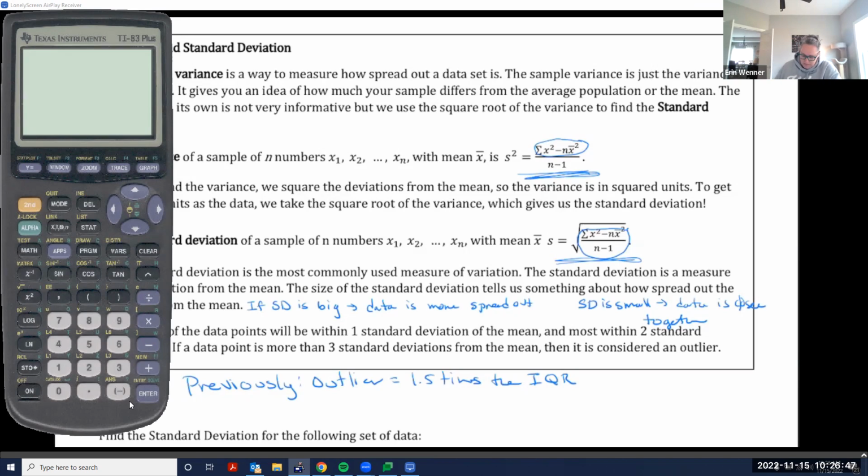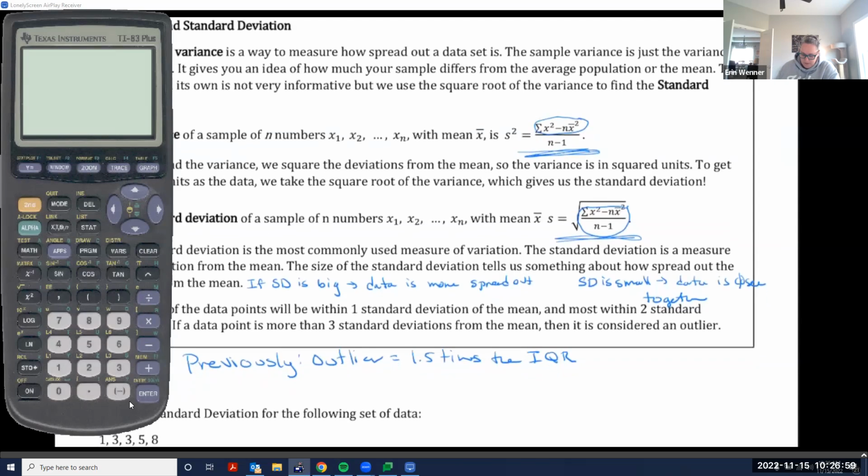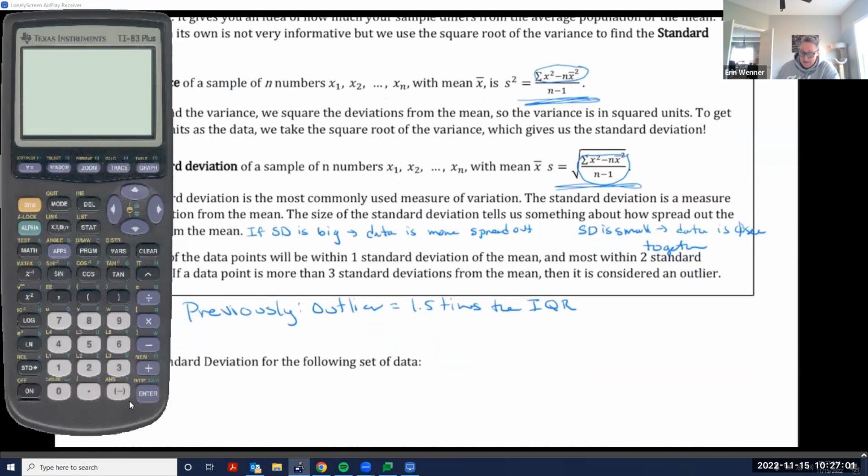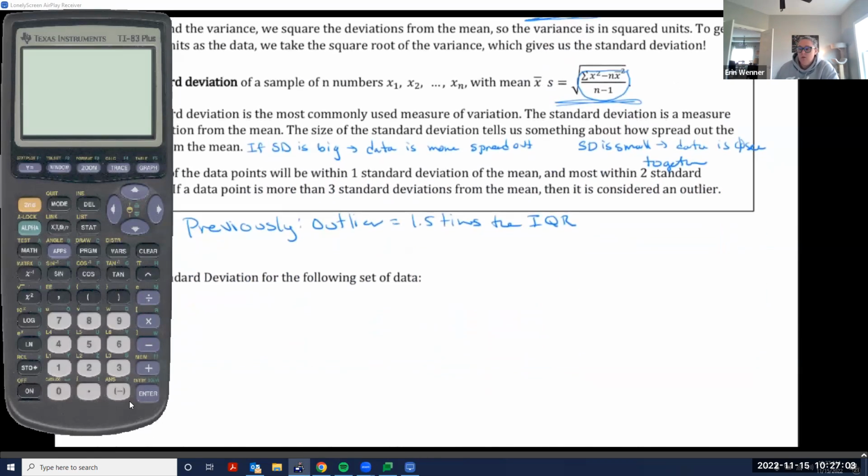Previously we said an outlier was any value more than 1.5 times the interquartile range beyond the quartiles. But now we have a new definition, which we will use on Thursday.